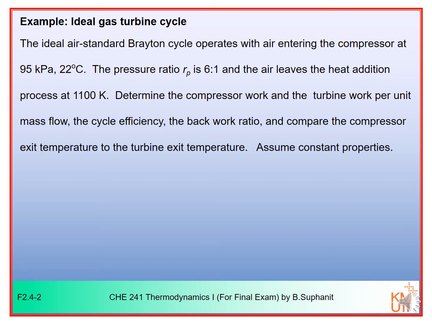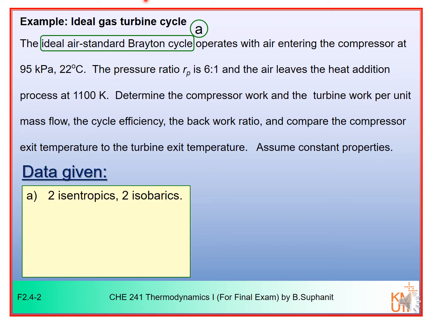In the first sentence, the ideal air standard Brayton cycle operates with air entering the compressor at 95 kPa, 22 degrees Celsius. The first information that we have is ideal air standard Brayton cycle.